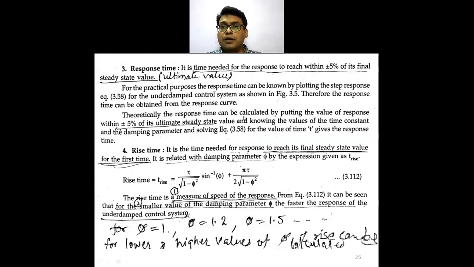The time needed for the response to reach within plus minus 5% of its final steady state value, that is nothing but the ultimate value, is represented as the response time.